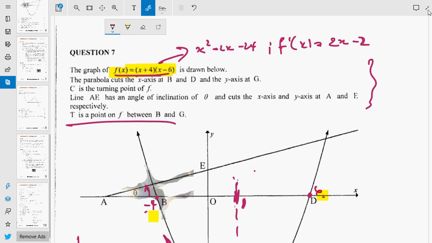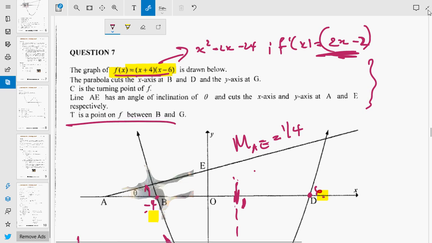Now, this gradient here must be equal to the gradient of the tangent. Now, remember, the tangent is perpendicular to AE. At the moment, the gradient of AE is 1/4.